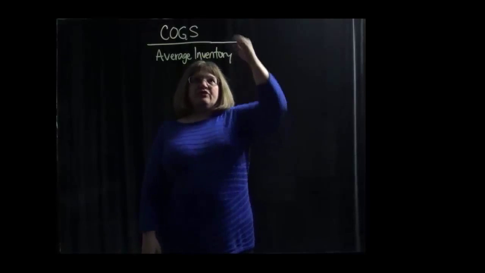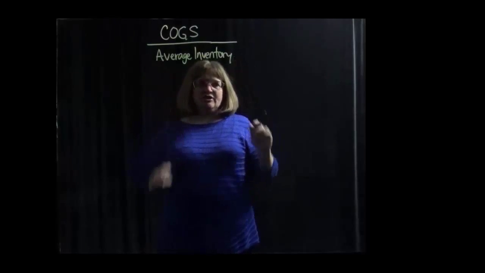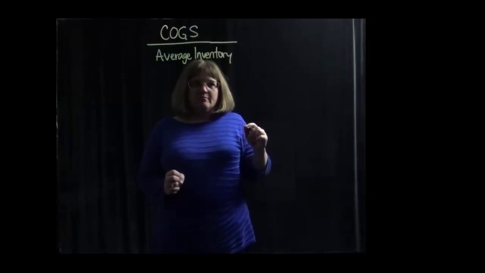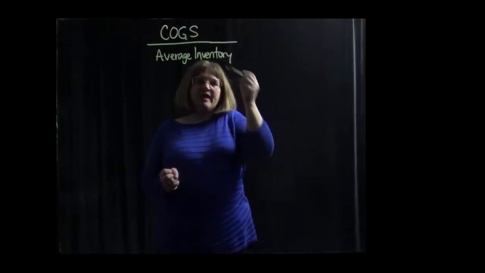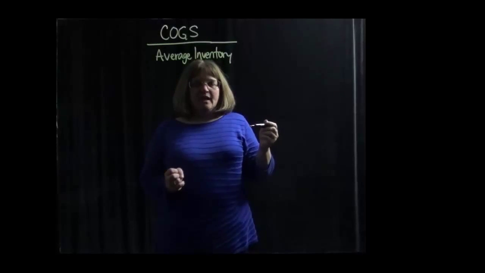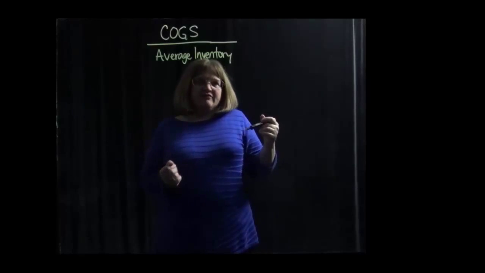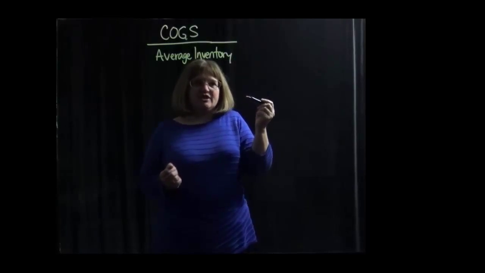Because this ratio uses an income statement number, cost of goods sold, and a balance sheet number, inventory, we have to average the balance sheet number because they have different time periods associated with them. The income statement covers a period of time, whereas the balance sheet is at a point in time. We try to make the balance sheet more like it's covering a period of time by taking the beginning and the ending balances and averaging them.